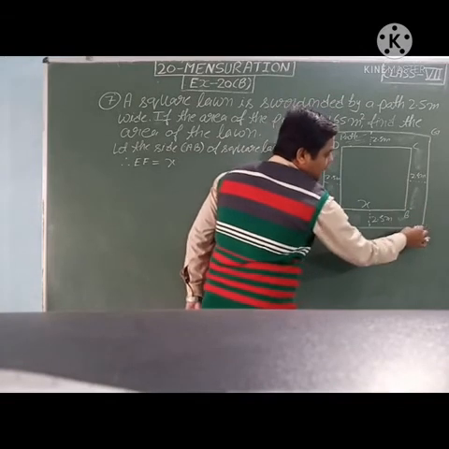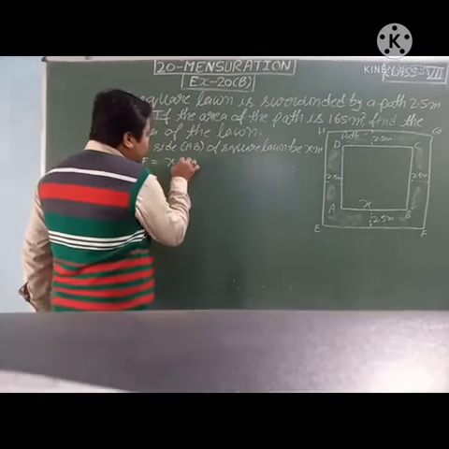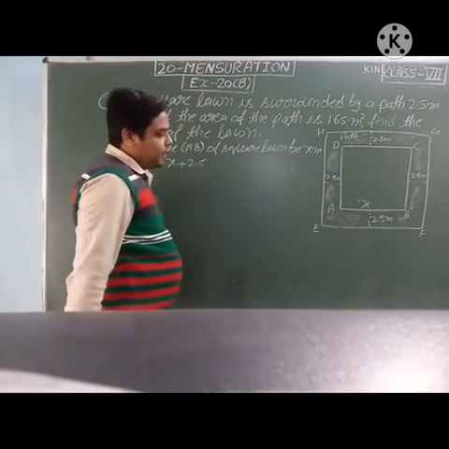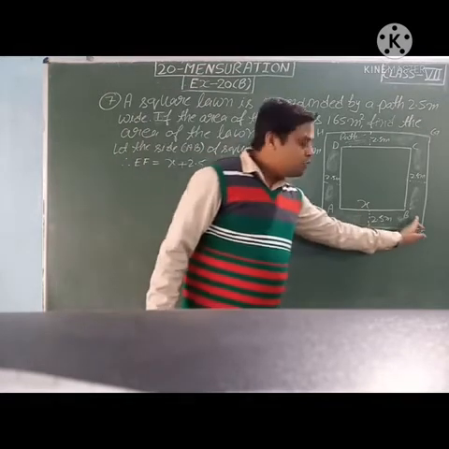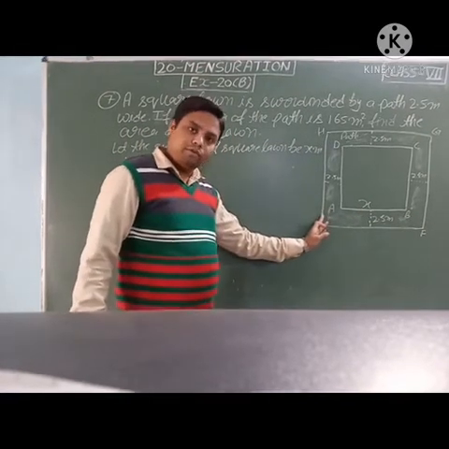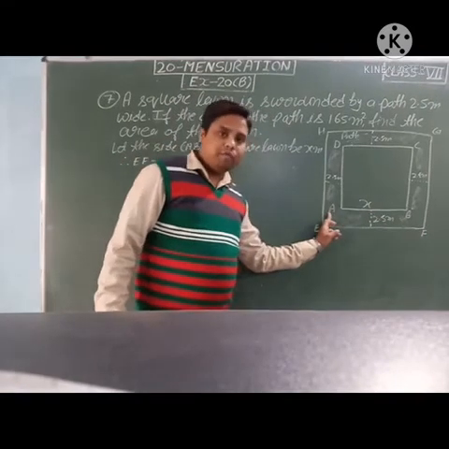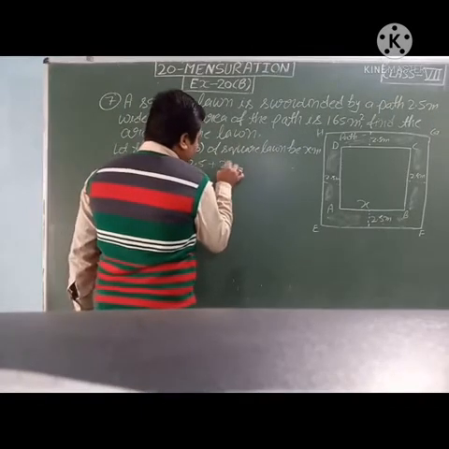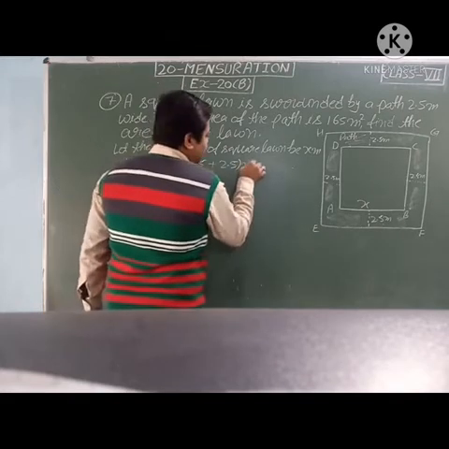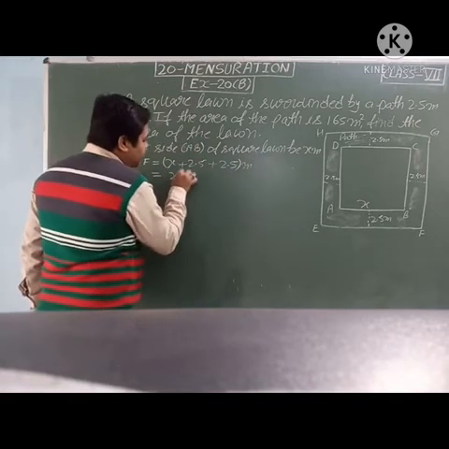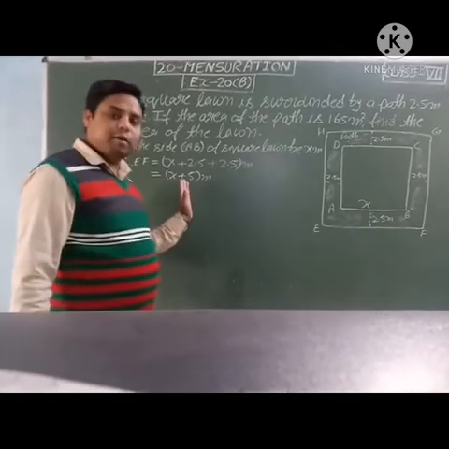It is 2.5 meter, so plus 2.5. And EF is increasing on two sides, this side 2.5 and this side also 2.5. It means X plus 2.5 plus 2.5, means X plus 5 meter. EF is coming X plus 5 meter.